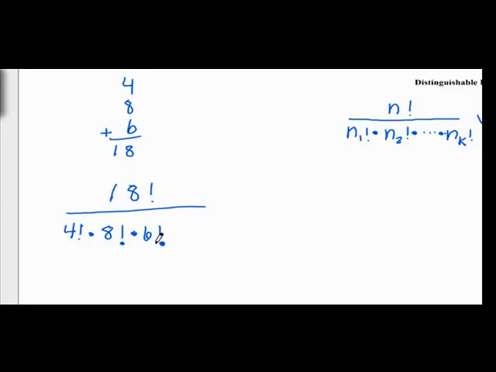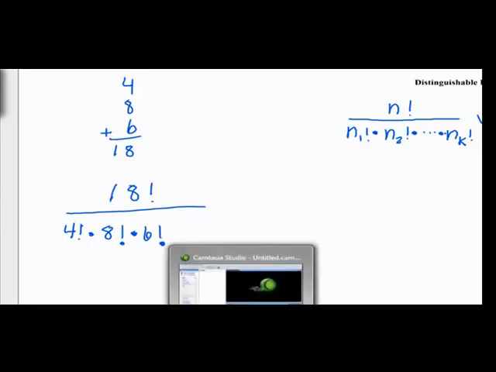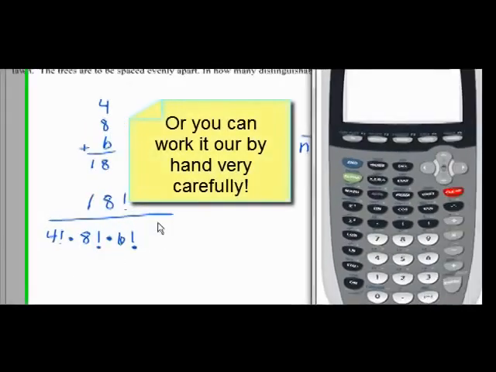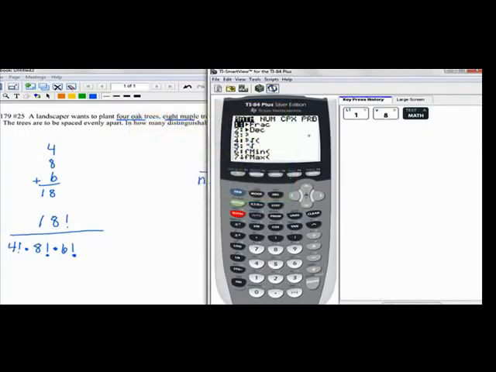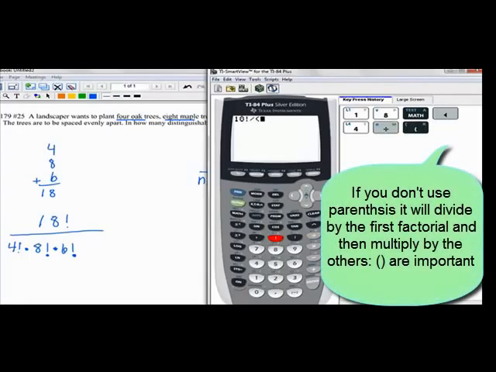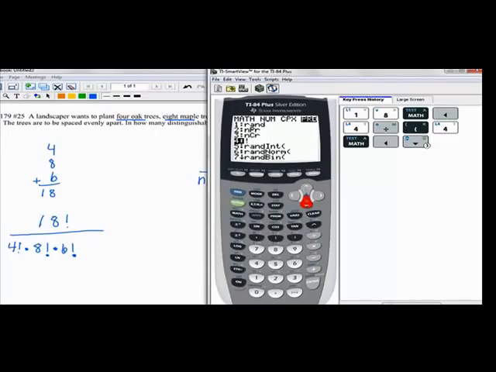And so let's do that using our calculator. We're going to start out with our 18 factorial. To get to the factorial, we can just press math. We're going to go over to the probability, PRB. You can go to the right arrow 3 times or just go back arrow 1. So that's number 4. So we can just press 4, and that'll give us our 18 factorial divided by, I'm going to use parentheses for the denominator here. So we're going to do 4 factorial by just going to the math again, over, choosing number 4. You can also go down and press enter.